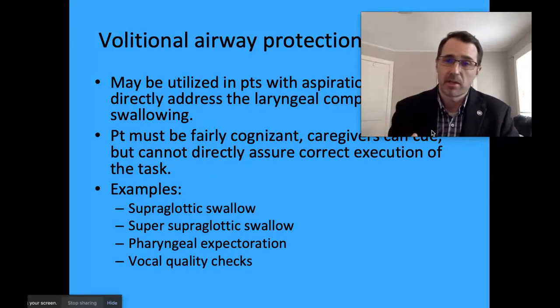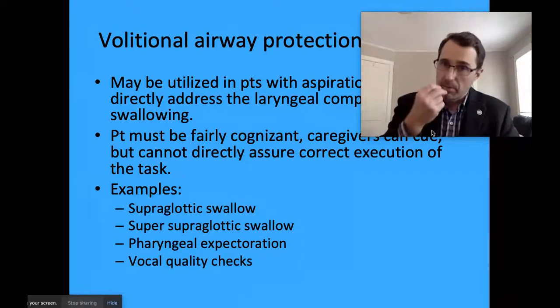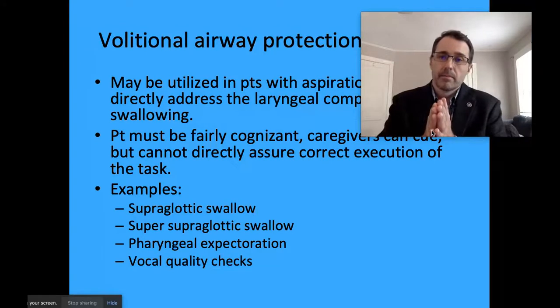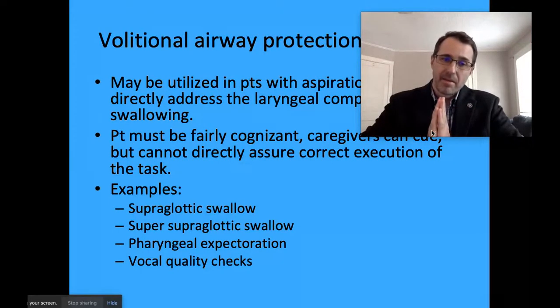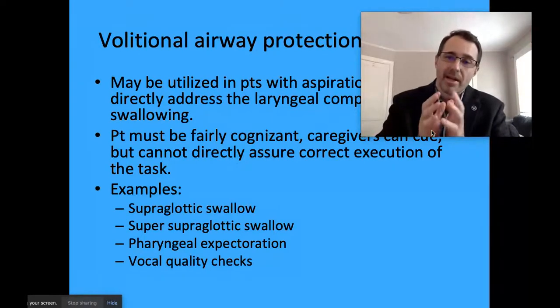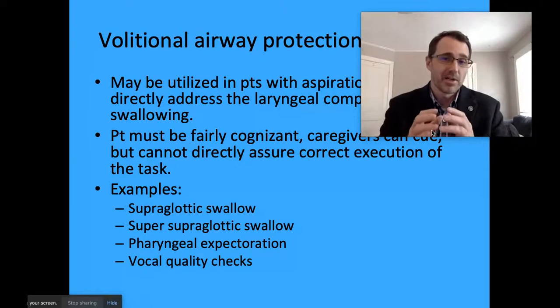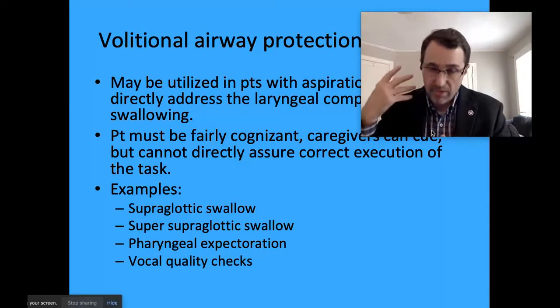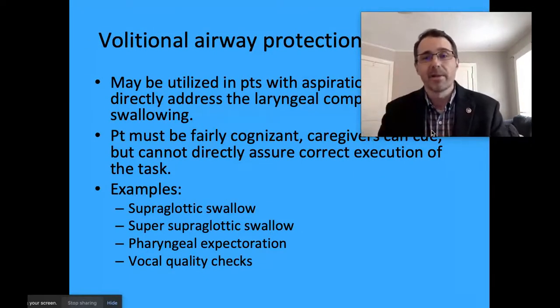So the supraglottic swallow: put the bolus in your mouth, hold your breath, swallow, and then start your respiration again with an expiratory cough. That will allow you to clear the airway.